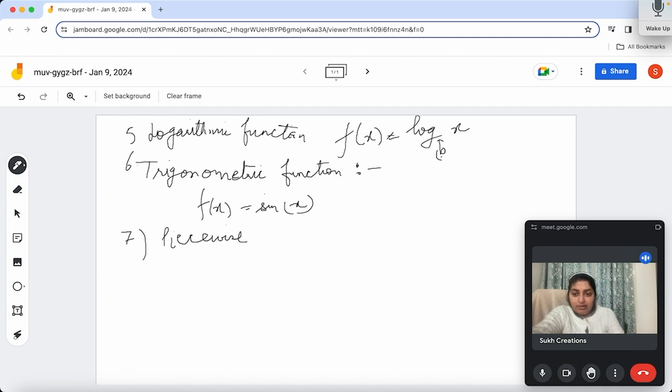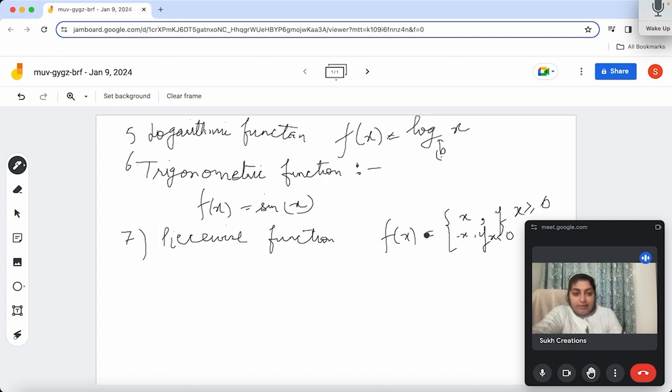Now this is a very interesting function, right? Here f(x) has a certain expression, a different expression for a different interval. Like f(x) is equal to x if x is greater than or equal to 0, and minus x if x is less than 0.